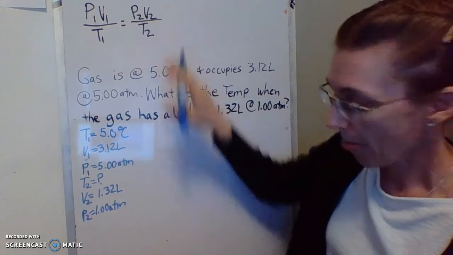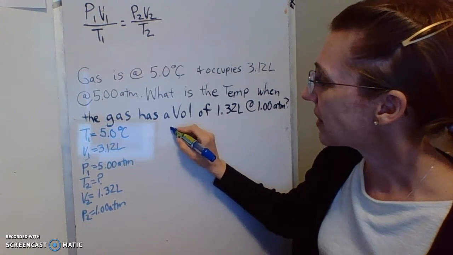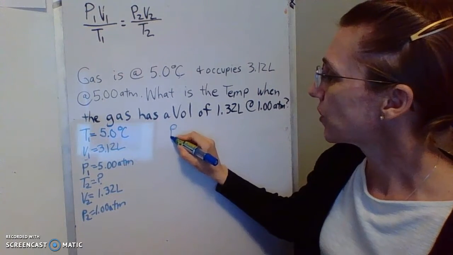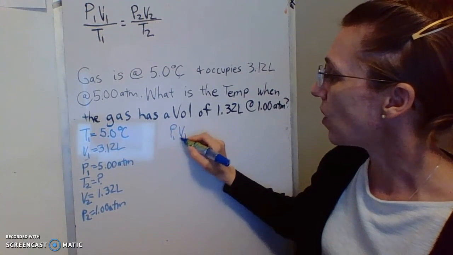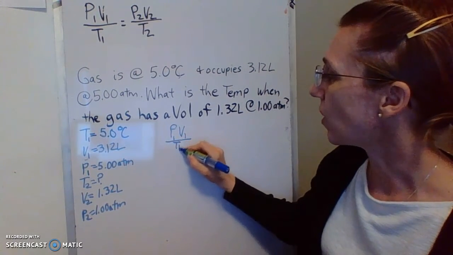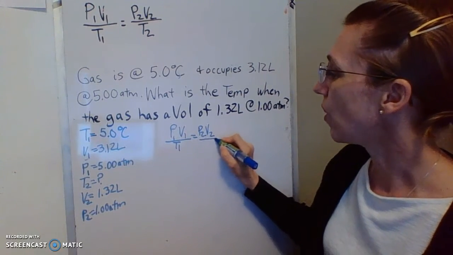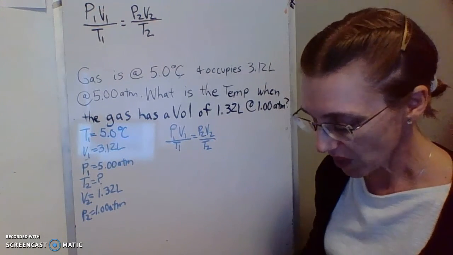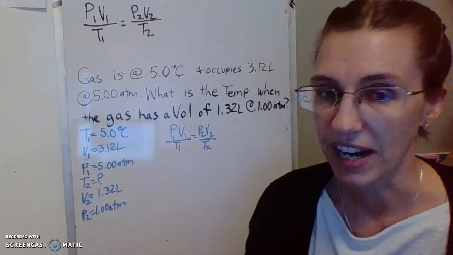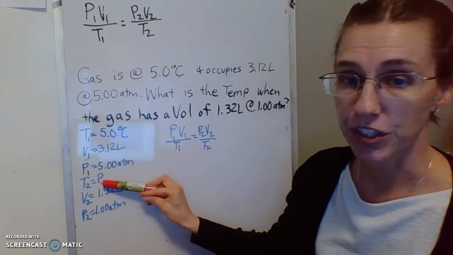Okay. So let's go ahead and write our combined gas law. Pressure 1, volume 1 over temperature 1 equals pressure 2, volume 2 over temperature 2. So let's identify which thing that we're actually looking for. We're looking for T2.